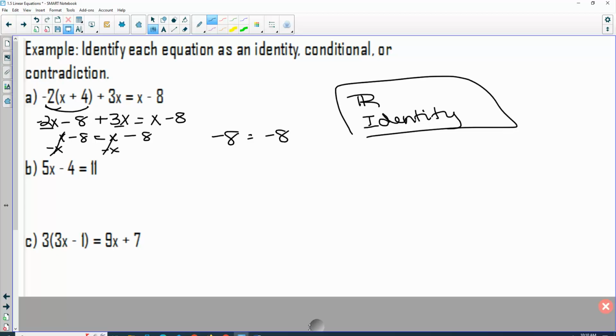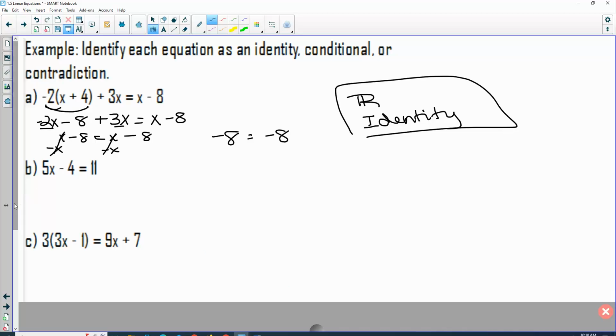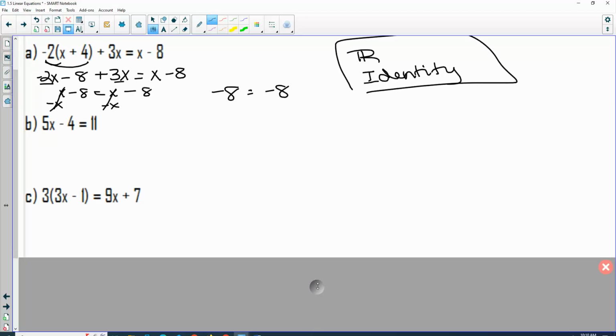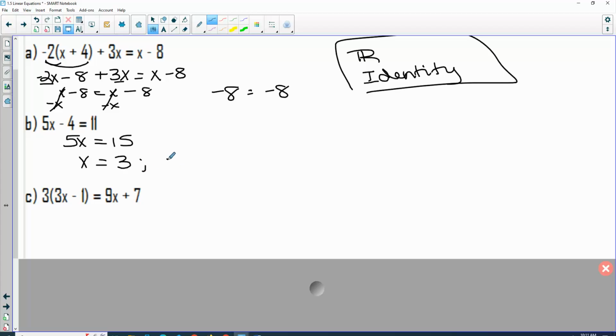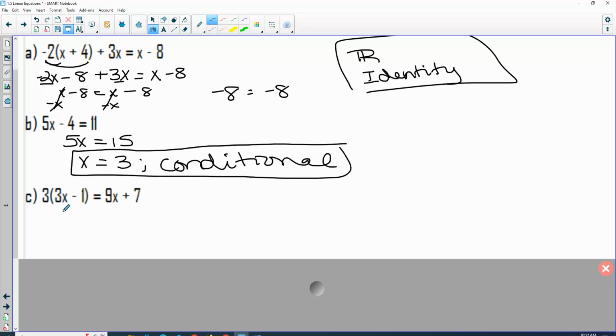You guys classify those 2 for me. So first one, if we add over our 4, 5x equals 15, divide, and x is 3. So that's my solution. Since we got a solution, what type is it? Conditional. Alright, second one, distribute.